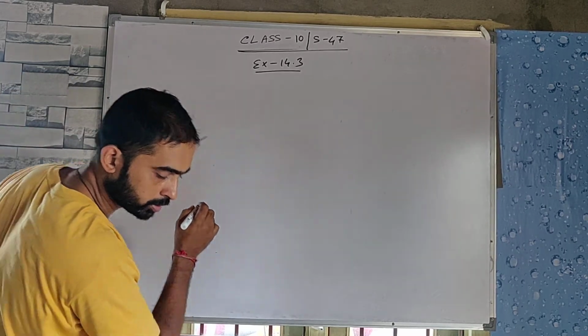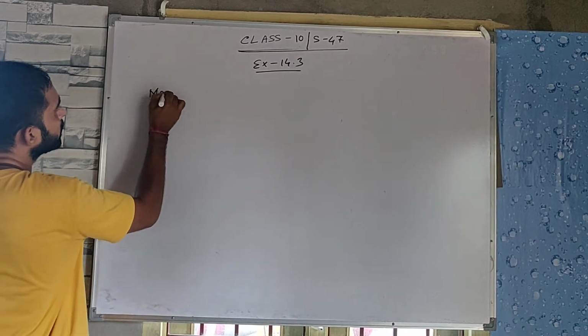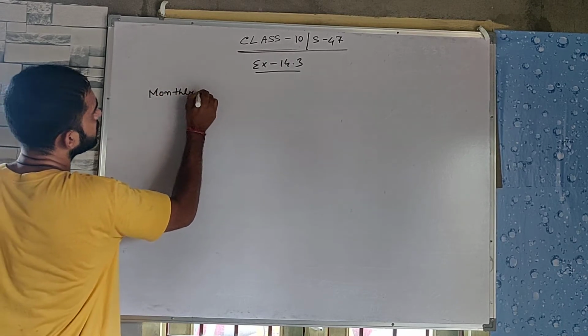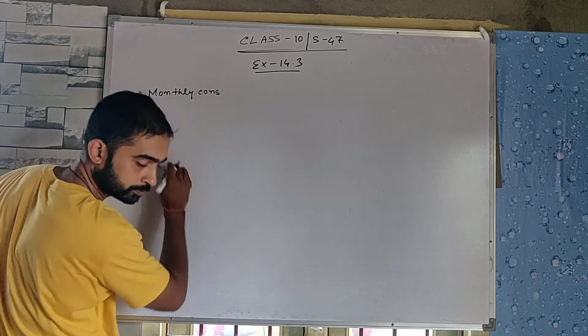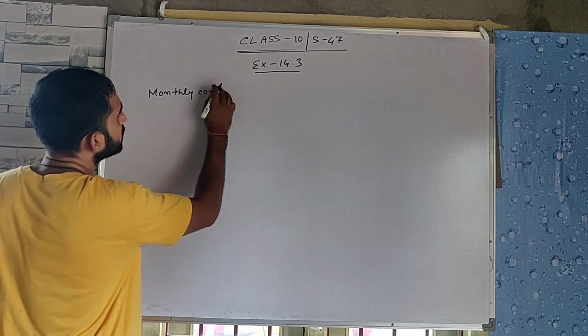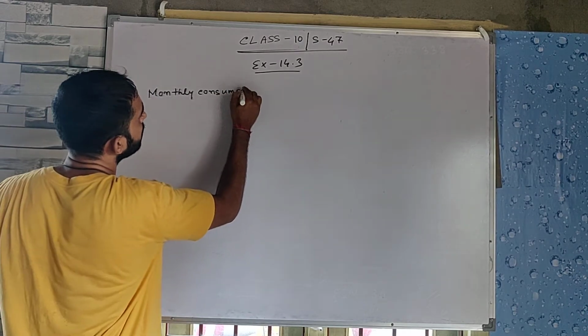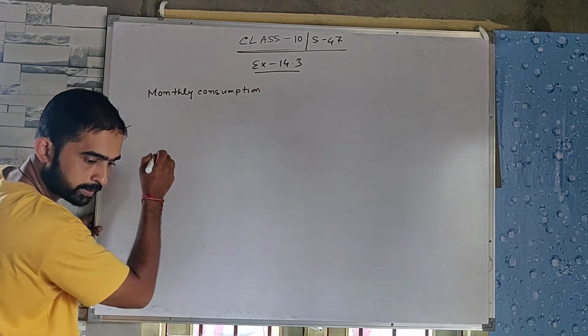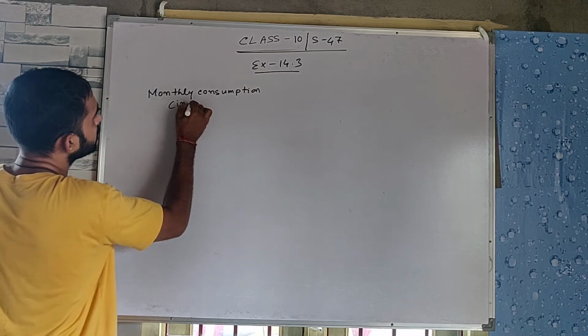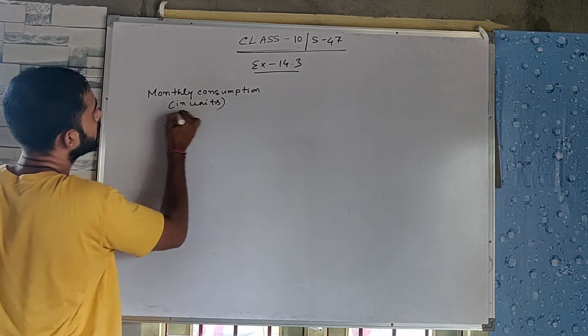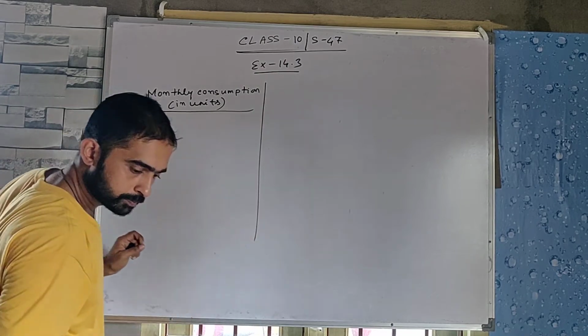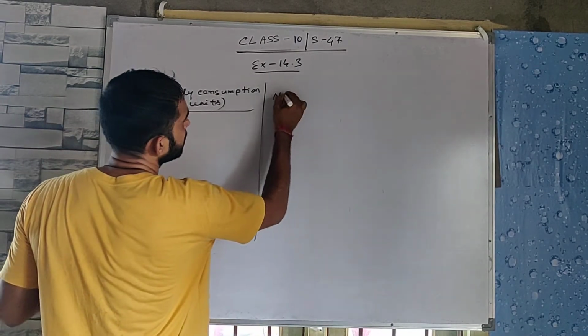Monthly consumption is in units, and then numbers are given.